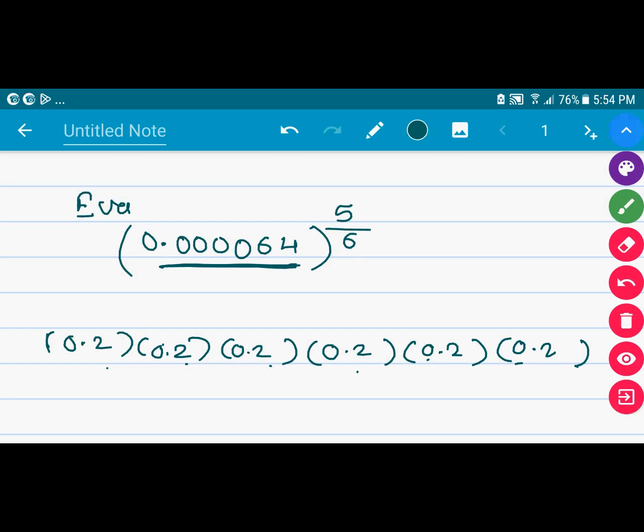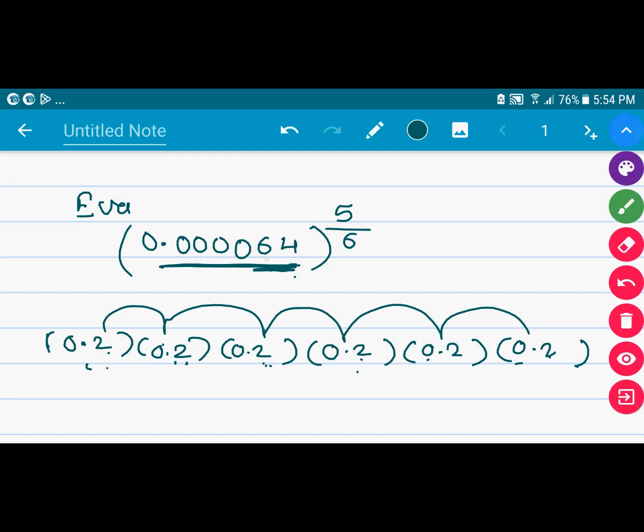So we take 2. If it is not 0.2 but only 2, then 2 to the 4, 4 to the 8, 8 to the 16, 16 to the 32, and 32 to the 64. So we can get our answer. Now how did we adjust the decimal? How many digits are there? 1, 2, 3, 4, 5, 6.